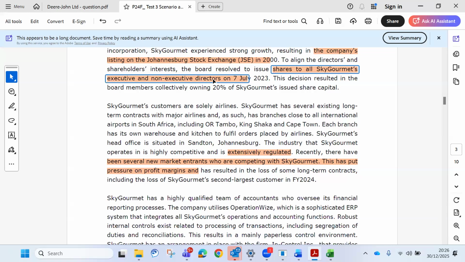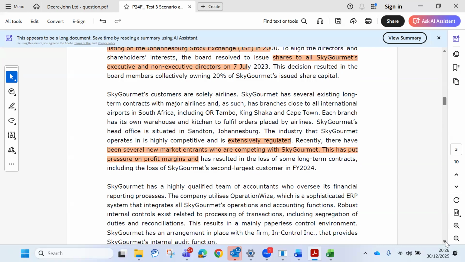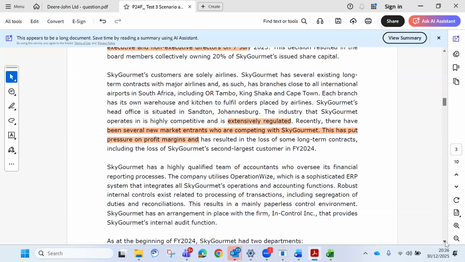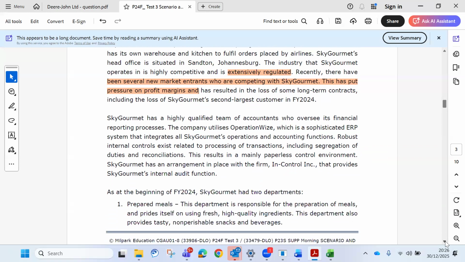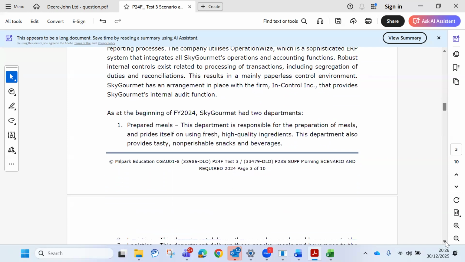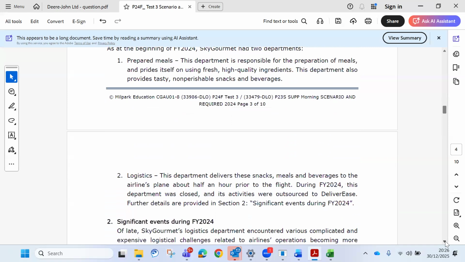There are robust internal controls relating to processing of transactions, including segregation of duties and reconciliation. This results in a mainly paperless control environment. Okay. It has an arrangement in place with a firm that provides the internal audit function. Okay, great. As at the beginning of 2024, Sky Gourmet had two departments, the prepared meals and also the logistics.